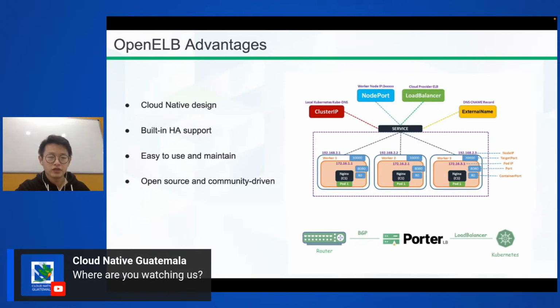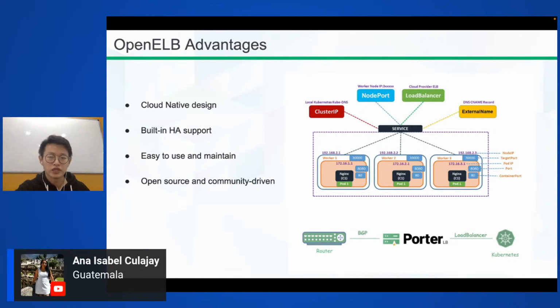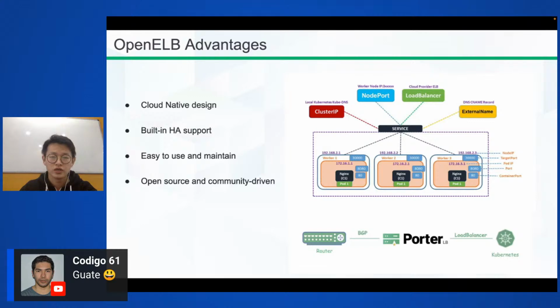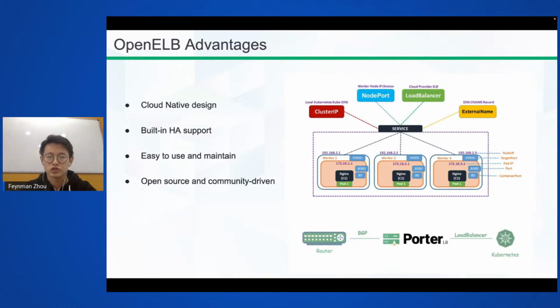We can also say it is a Kubernetes native way to help you install and expose your services, since all of those components are written as CRDs. So you can use kubectl to easily install and manage it. And it has built-in HA support, which means it is recommended to run OpenELB with your services in production.